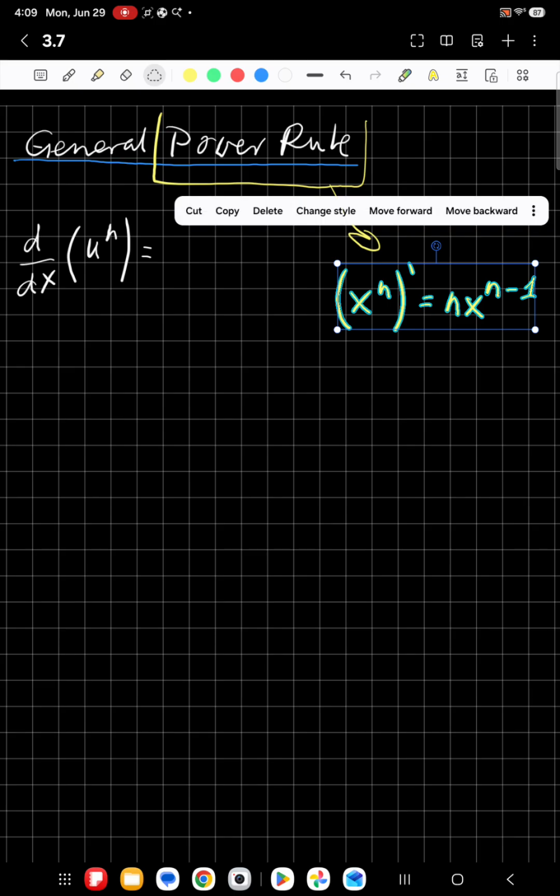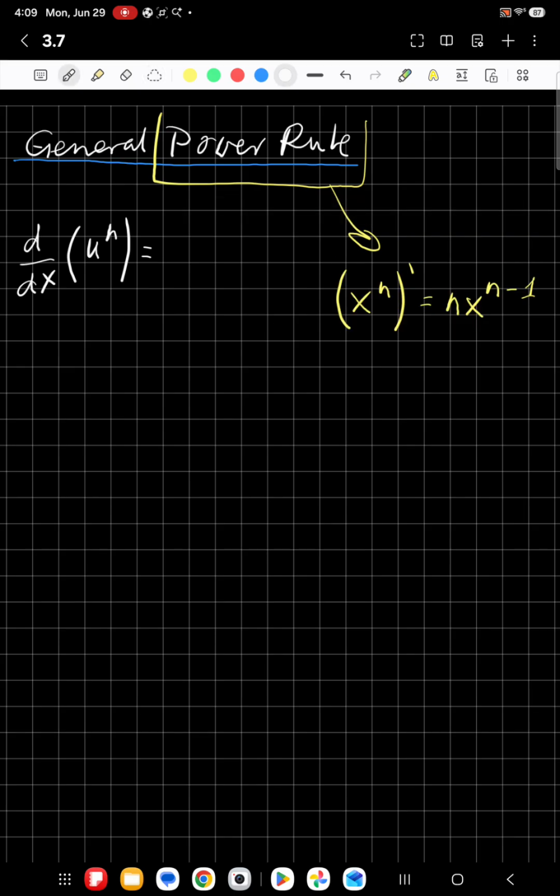Okay, so that n goes to the front. So I have n times u, and that u is the unchanged inside function. And then lastly, we multiply it by the derivative of that inside function with respect to x.